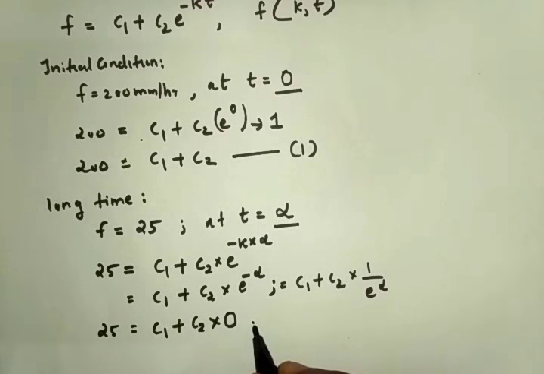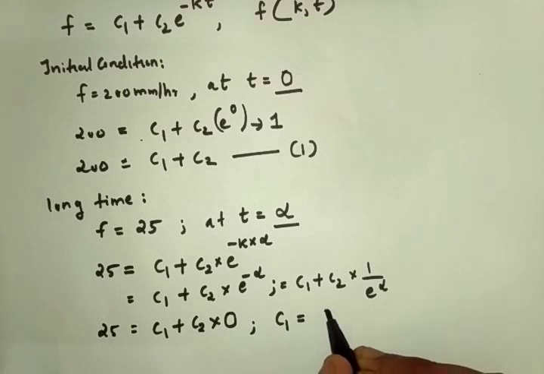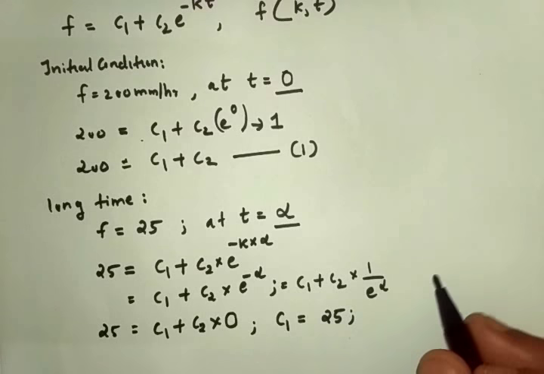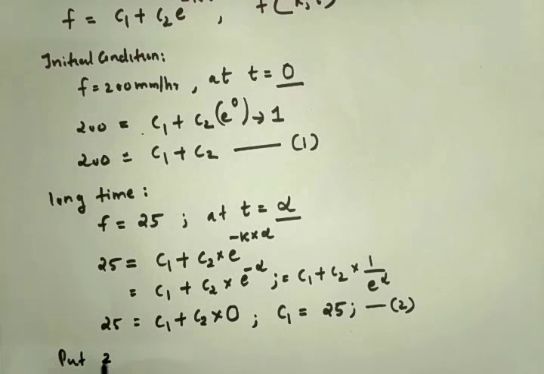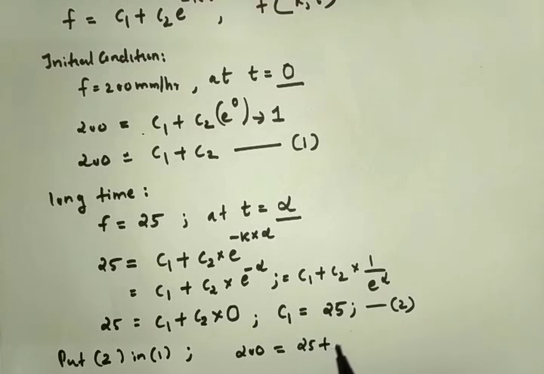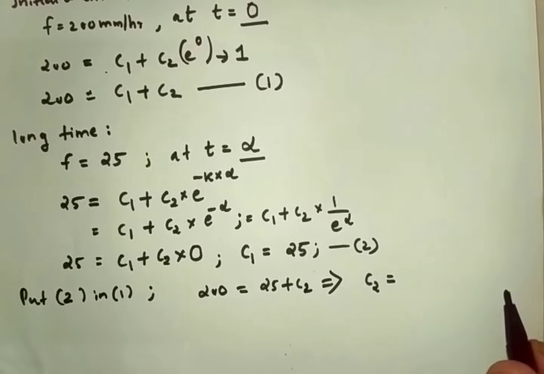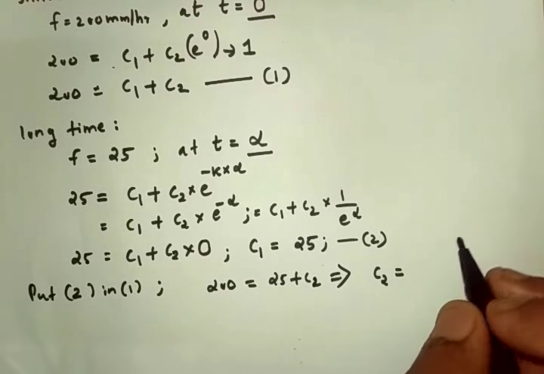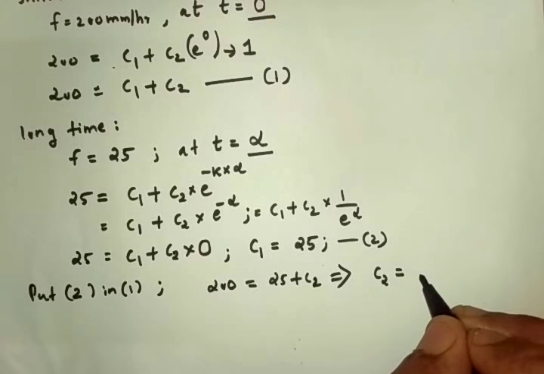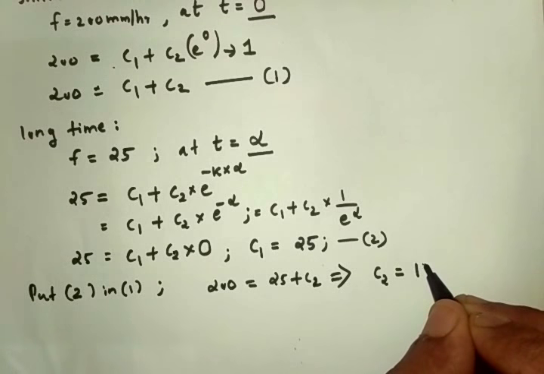So we get C1 = 25. Putting this in equation 1, 200 = 25 + C2, which implies C2 = 200 minus 25, that is 175.